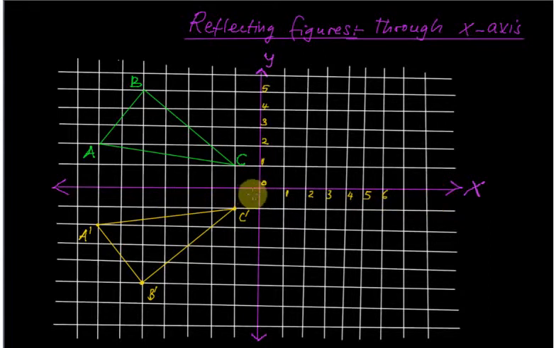Going left it is going to be negative 1, negative 2, negative 3, negative 4, negative 5, negative 6, negative 7, etc. And downward it's also negative 1, negative 2, negative 3, negative 4, negative 5, negative 6.